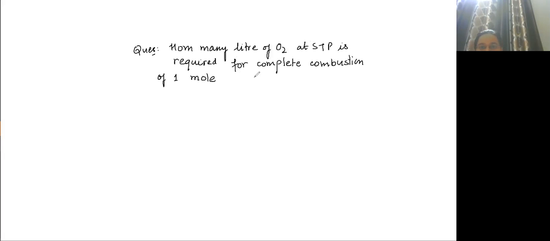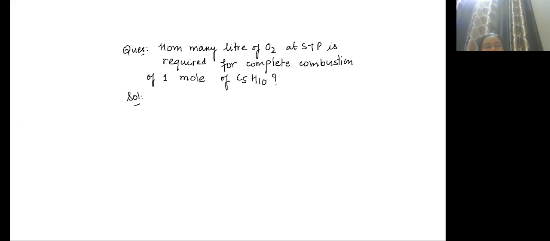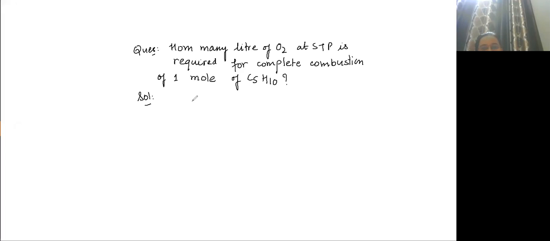What do you mean by combustion? C5H10 will react with oxygen, and it will give CO2 plus H2O. This is the chemical reaction that is involved. Now try to do this. Let's see who will give the correct answer.